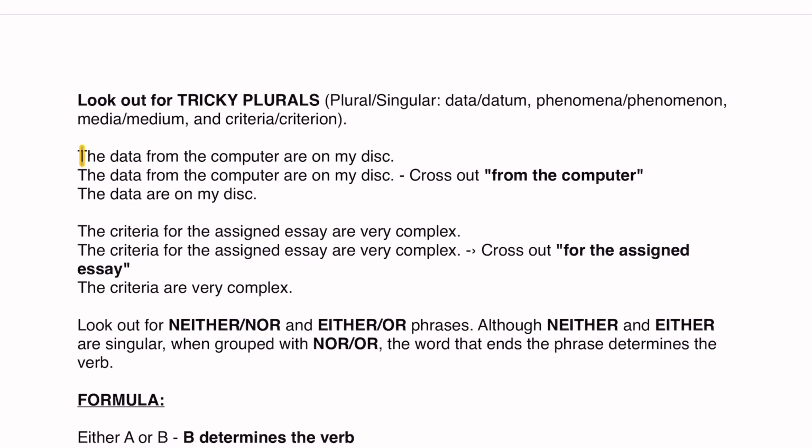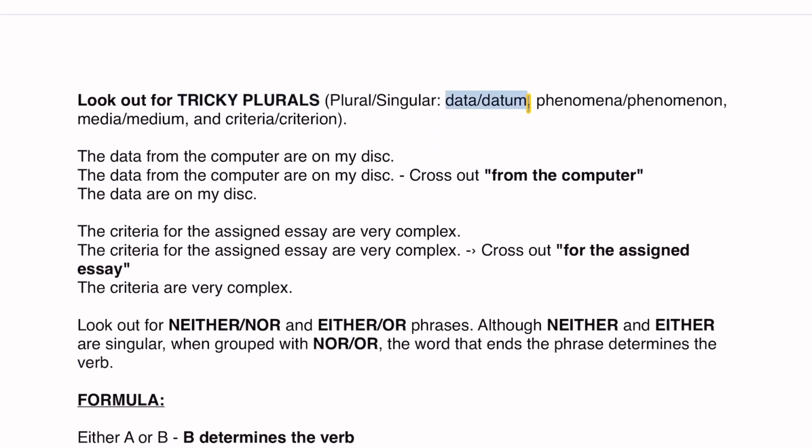خد عندك المثال ده. The data from the computer are on my disk. يا لهوي، الجملة دي يا مستر. طبعا كل الناس فاكرين هنا إن السبجكت is computer. طب computer singular بتعمل إيه are وراها؟ تاني نقول نشيل ال prepositional phrase from the computer. يبقى بدأنا بـ data، والداتا حتى لو في لسانك singular it is actually a tricky plural.